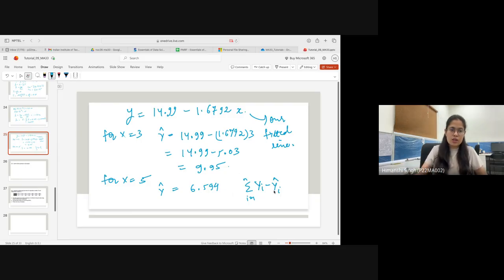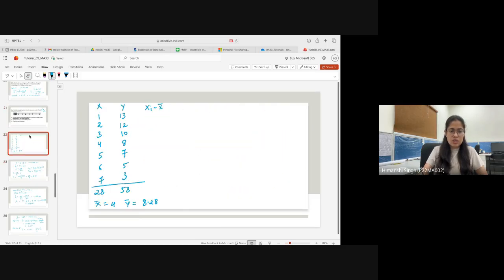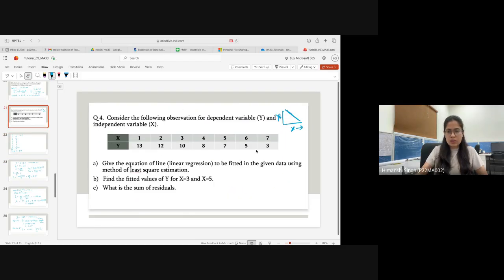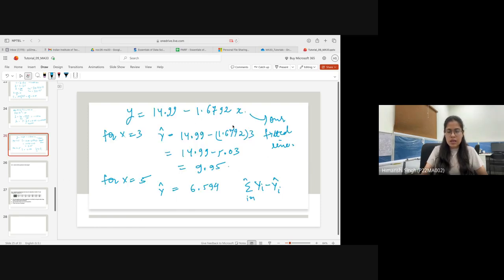That calculation you can do yourself, because it is a very lengthy calculation. For each xi, calculate the value of yi hat from this line, subtract it from the observed yi, find the difference, then find the next difference, and sum all of them. Fine. So this was about this question.